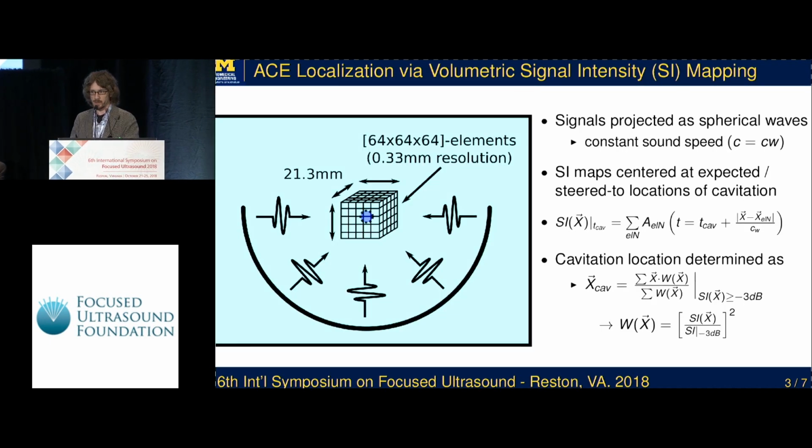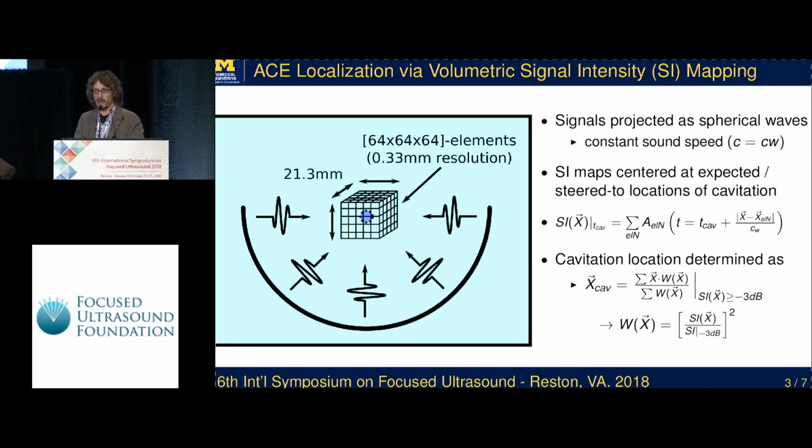To localize the bubbles based on the signals that we received, we did essentially a volumetric signal intensity mapping, where we project the signals that we measured back from the array towards the focal point of the transducer as propagating spherical waves with a constant sound speed. So we ignore the presence of the skull in the beam propagation path. The mapped region for the localization was centered about the expected focal point of the transducer.